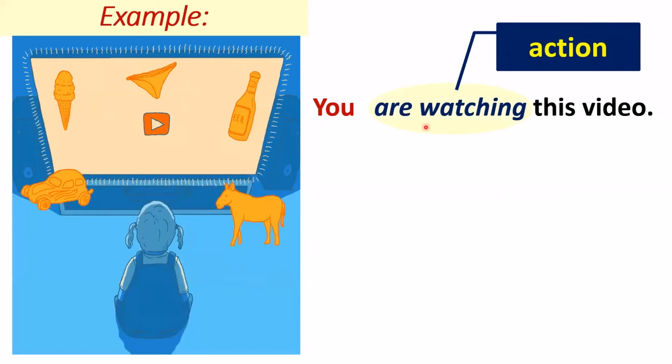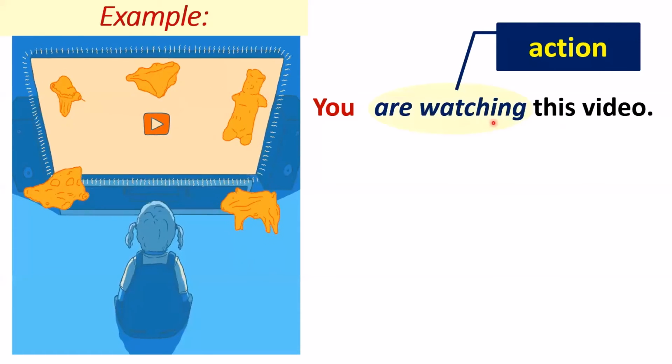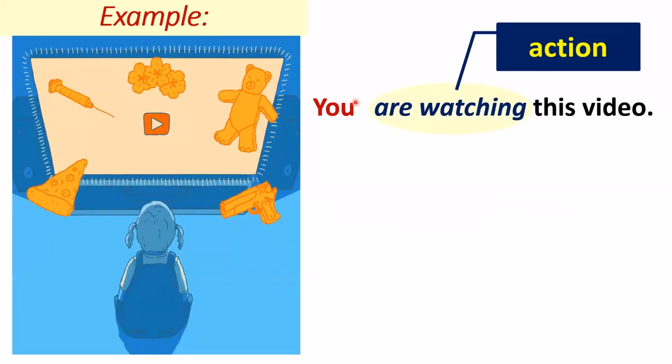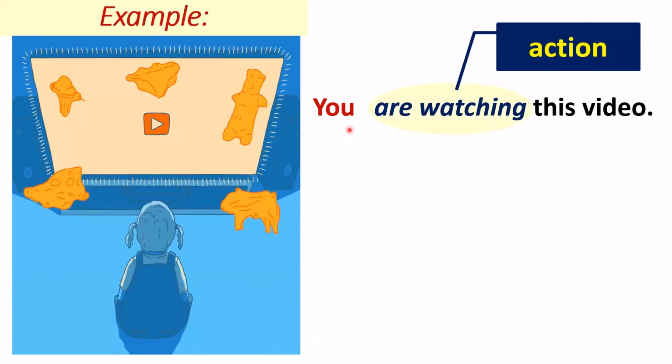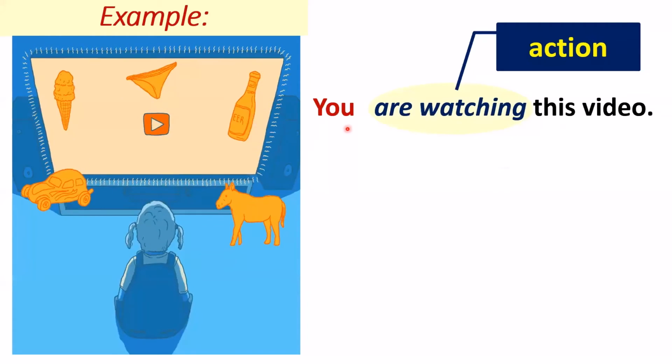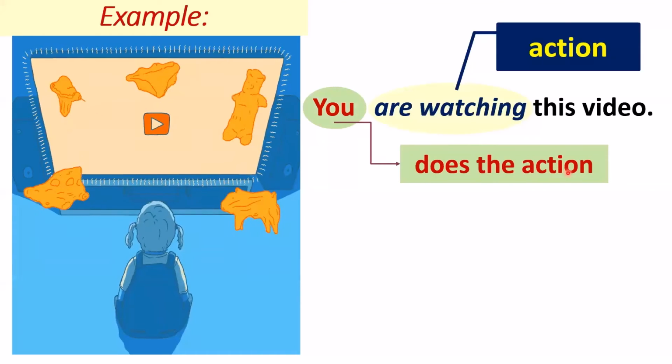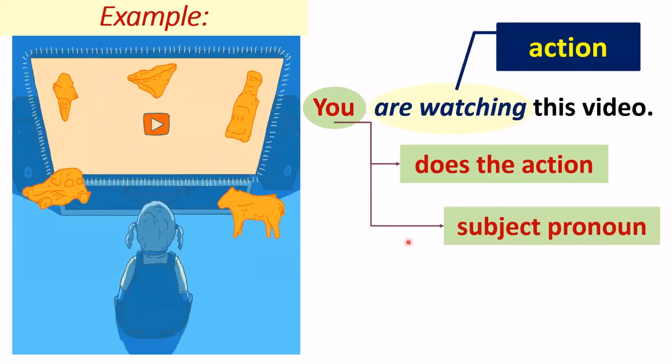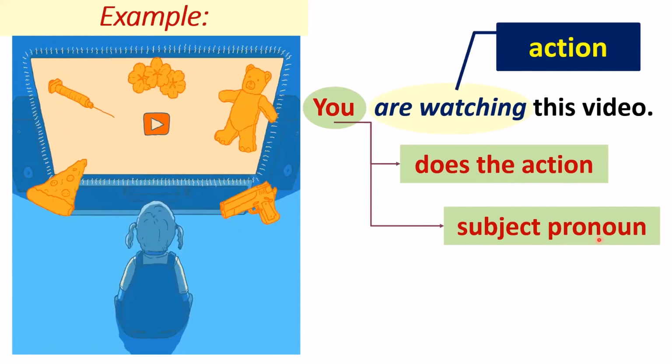The work done is are watching. Who is performing this action? You. So here you does the action. So the pronoun you is referred to as a subject pronoun. I hope children subject pronoun is clear to you.